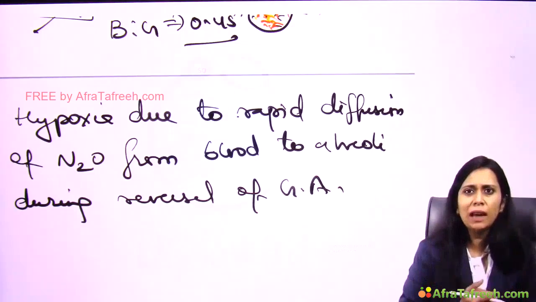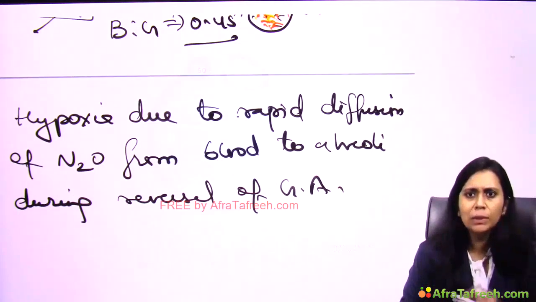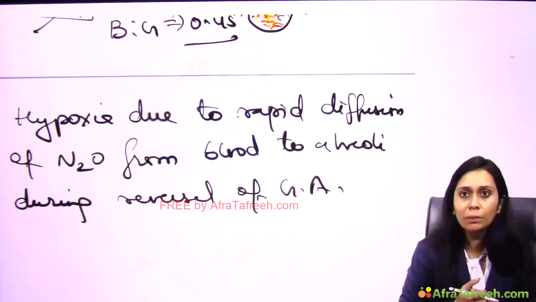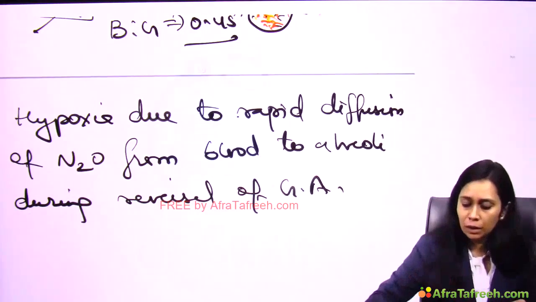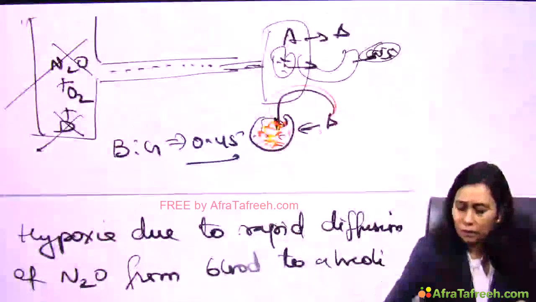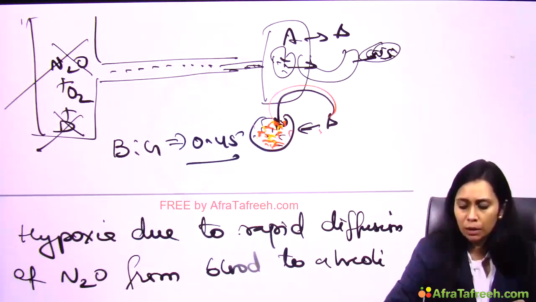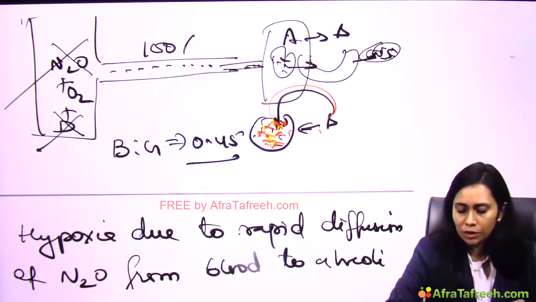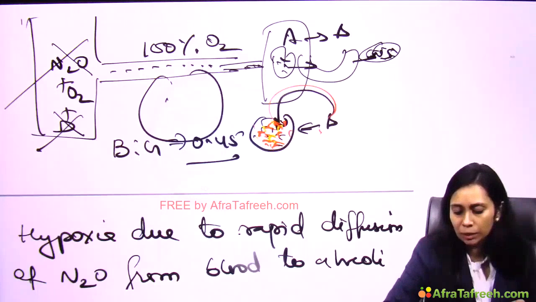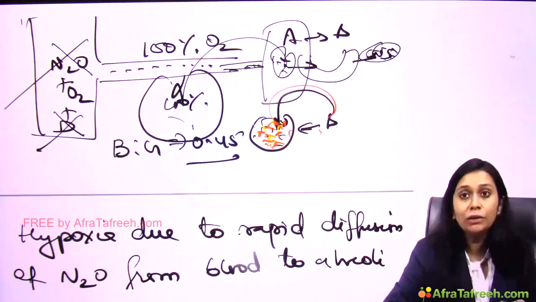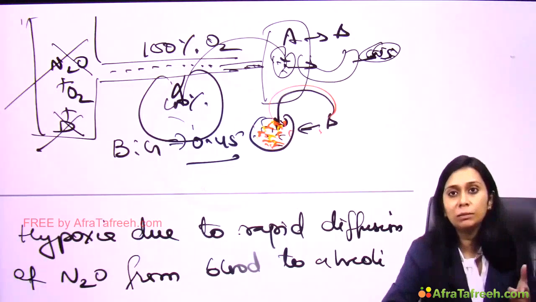So guys, as I started nitrous oxide, I told you practically we are giving it to all our patients, so there is a risk of diffusion hypoxia to all our patients. How do I prevent it? If there is 40% oxygen in the alveoli, it can get diluted and become a hypoxic mixture. But if I give 100% oxygen from outside and make the alveolar oxygen concentration 100%, it will get diluted, but not enough to become a hypoxic mixture.